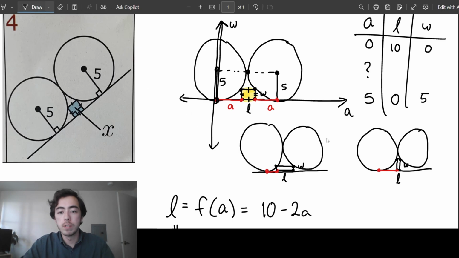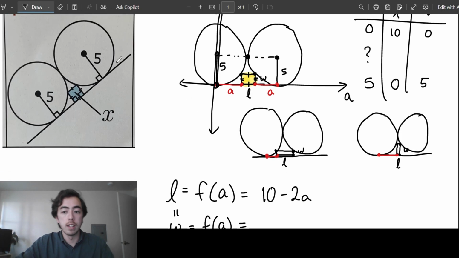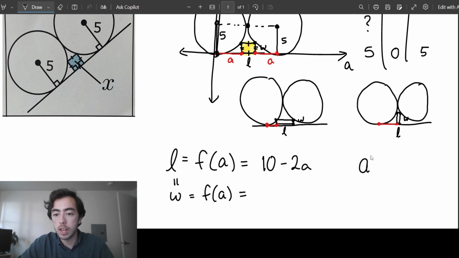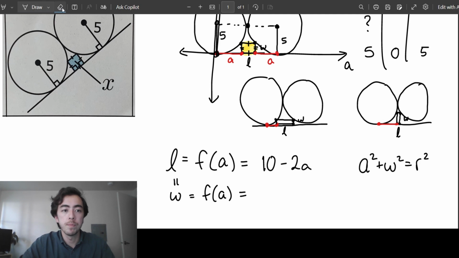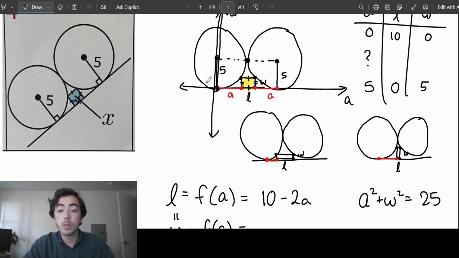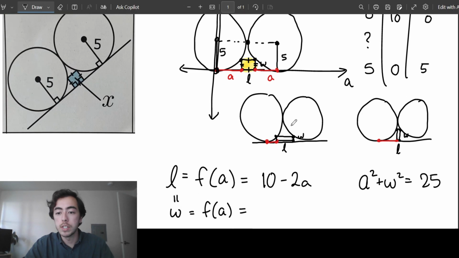And I know that the general circle equation using A and W is going to be A squared plus W squared equals the radius squared. The radius on the circle is 5, so there should be a 25 right here. And this equation, though, would have the circle center the origin, and I want to move it 5 units up in the W direction.